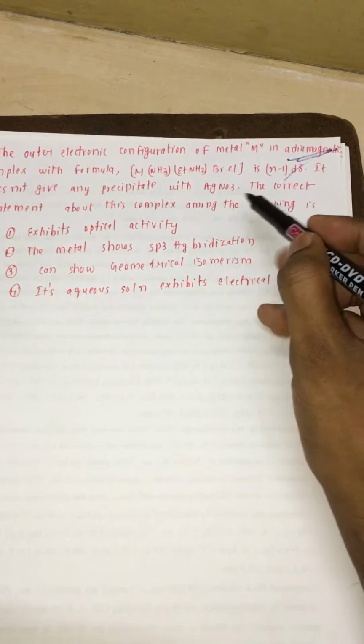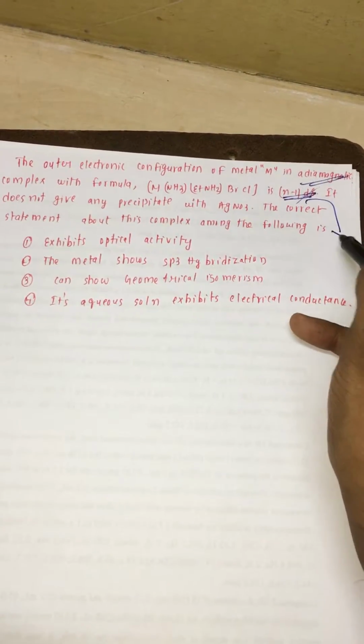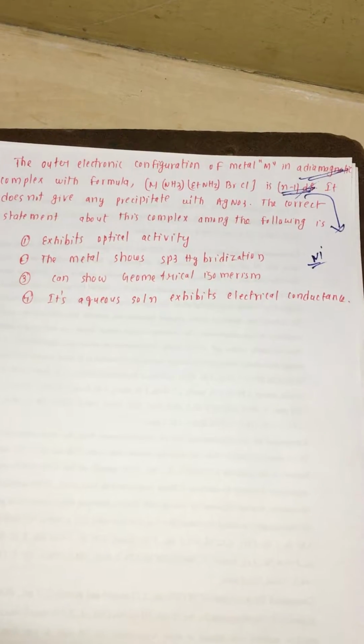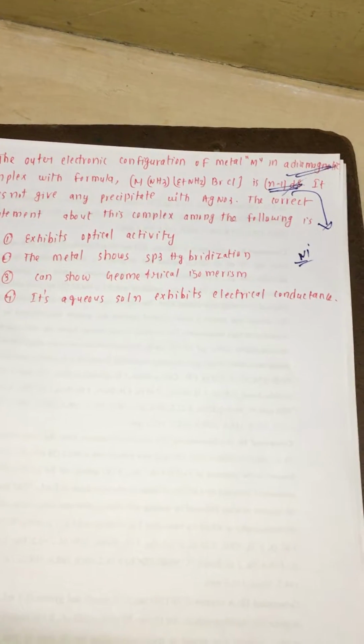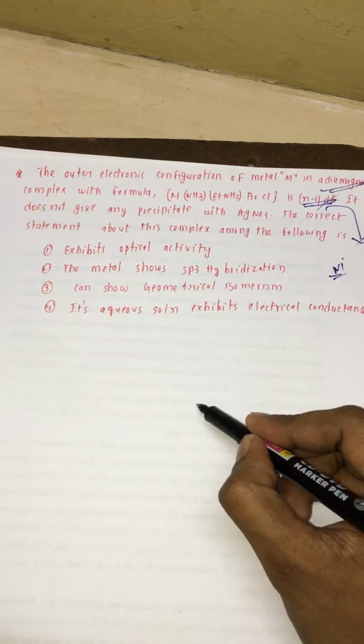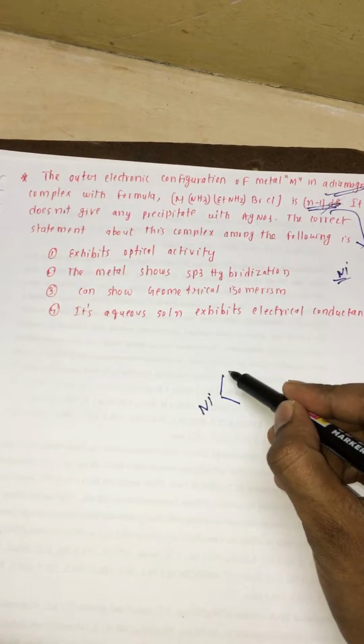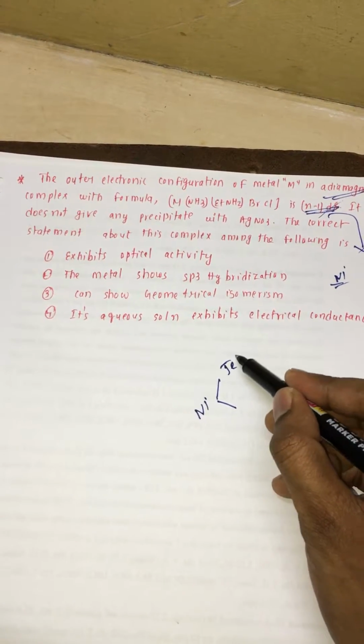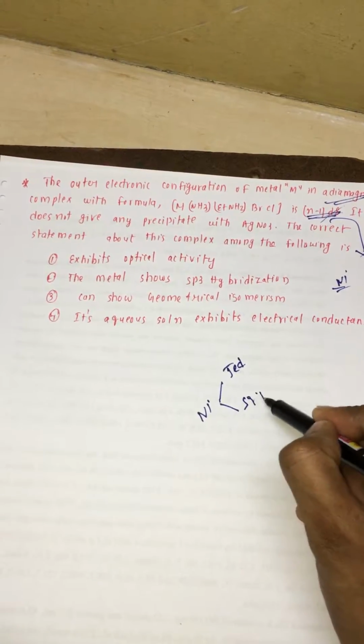Here he has given a metal that is in the diamagnetic state, and (n-1)d8, which means he is talking about nickel or any metal which comes under nickel's group, like platinum, palladium. Nickel shows two geometries, tetrahedral and square planar.